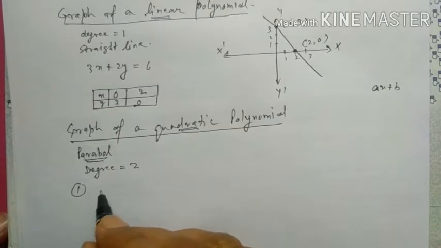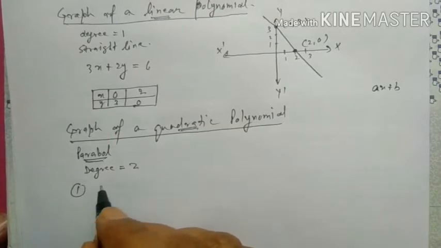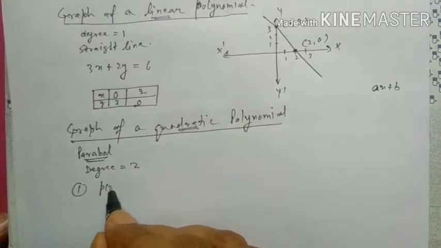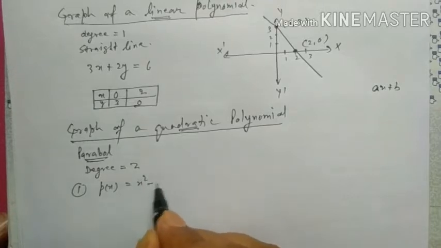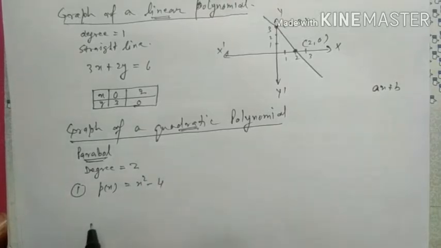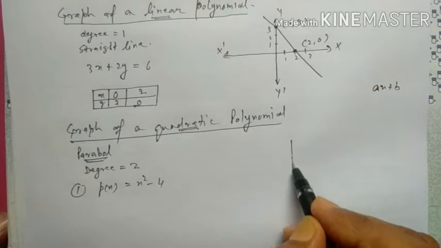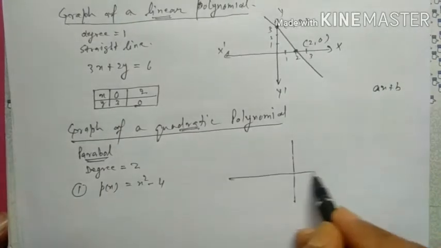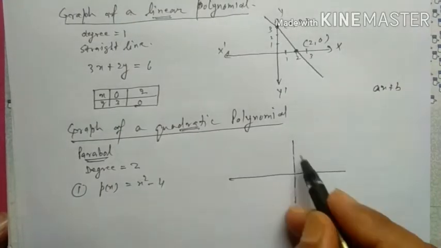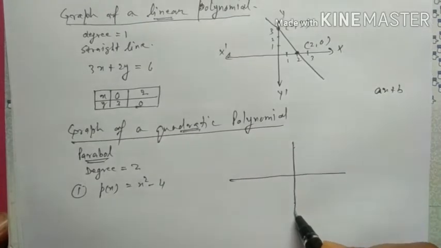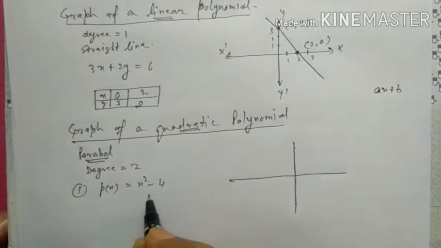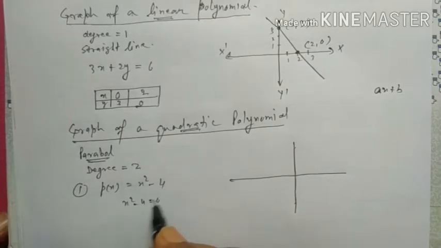Now let us take some examples. First, suppose the polynomial p(x) equal to x square minus 4. Then draw its graph. When we draw this graph, we will factorize this: x square minus 4 equal to 0.